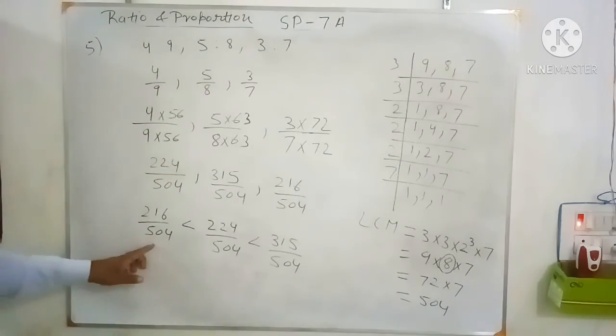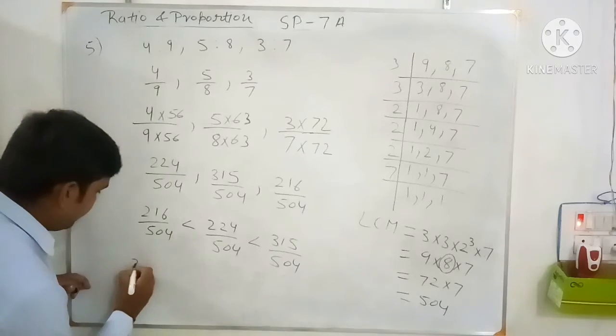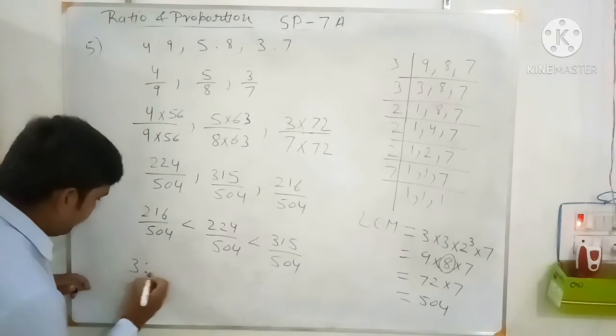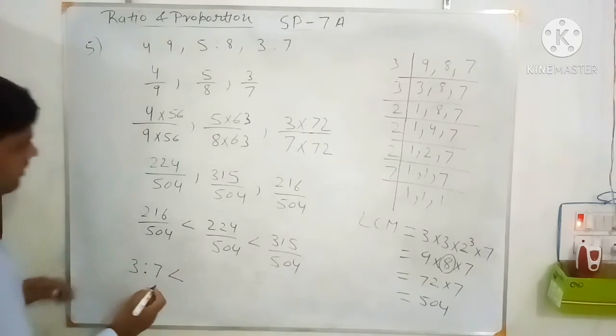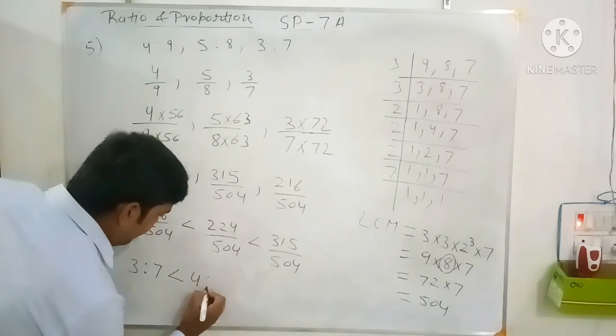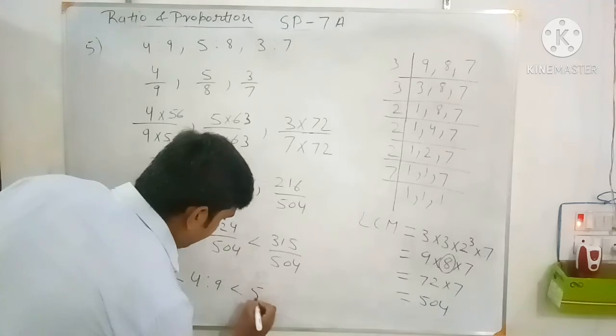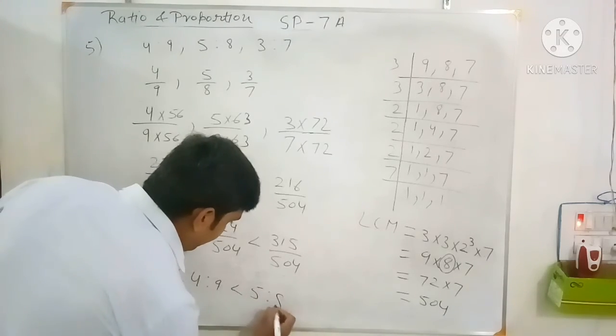Now the equivalent ratio of 216 by 504 is the third one, that is 3:7. In place of this we write the equivalent ratio 3:7 less than. Second one, 224, is the first 4:9 ratio, 4:9 less than. Third ratio is 5:8. Now we have arranged in the ascending order.